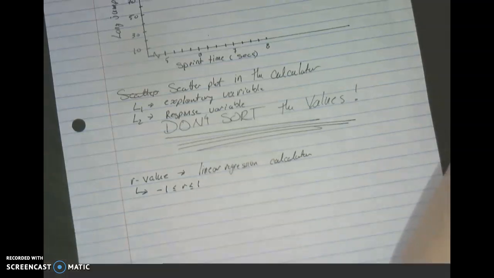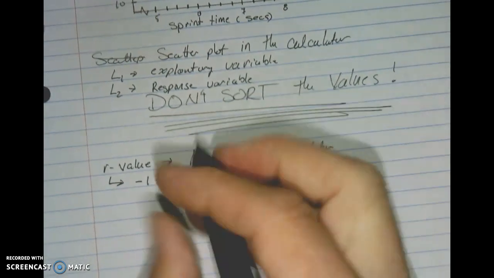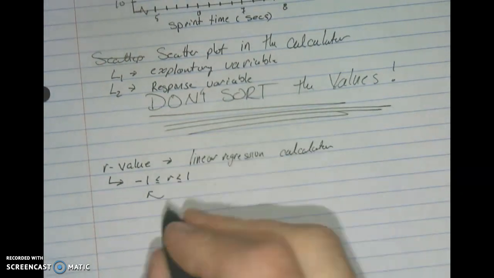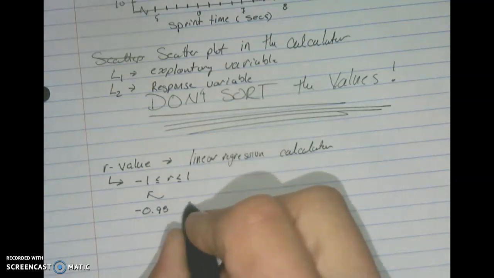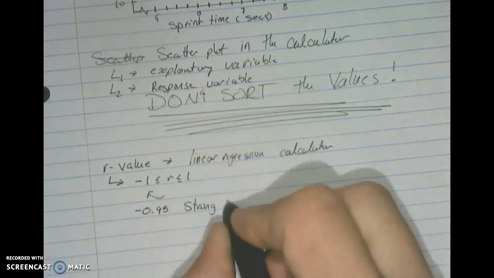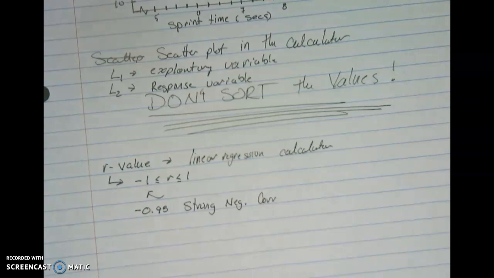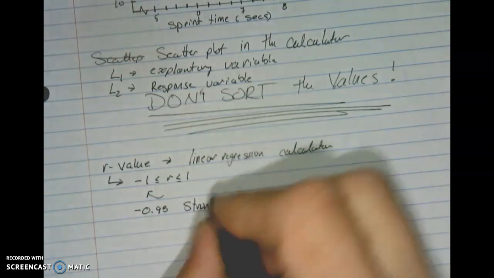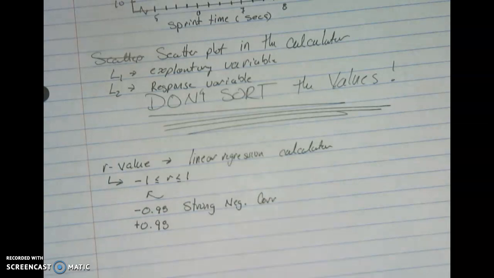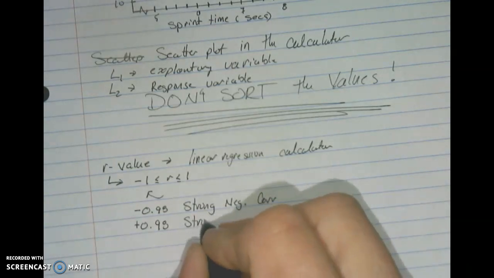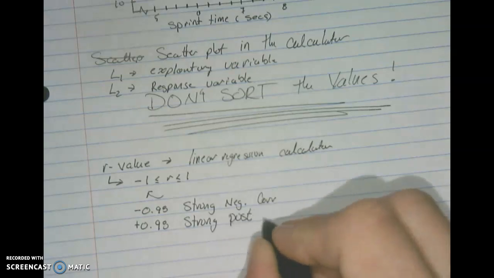If it's closer to -1, like say -0.98, that's going to be a strong negative correlation. And going the other side, if it's a positive value like that, this is going to be a strong positive correlation.